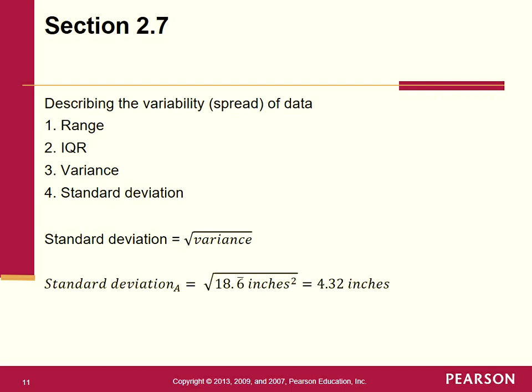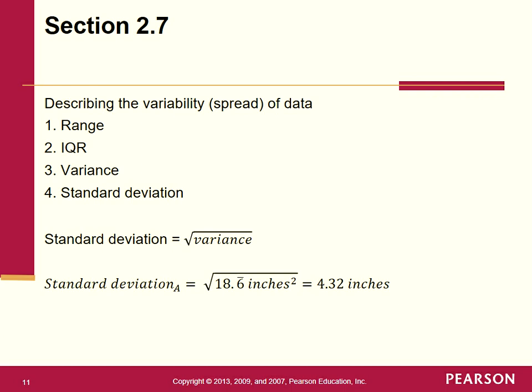So going back to the standard deviation for A, I did this in Excel, and I left the 6 repeating so I can get a more accurate number. It turns out to be 4.32, and now take a look at the units here. It's inches. It's back to the units of x.